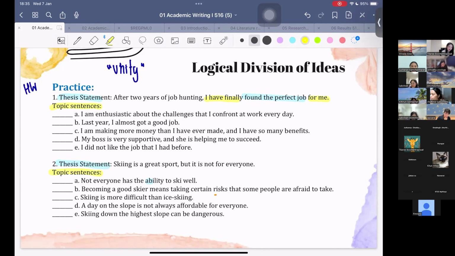And if you read A, you need to identify which one creates unity or is unrelated. You need to make sure that the reason supports the topic. The first one is that I'm enthusiastic about the challenges I confront at work every day.